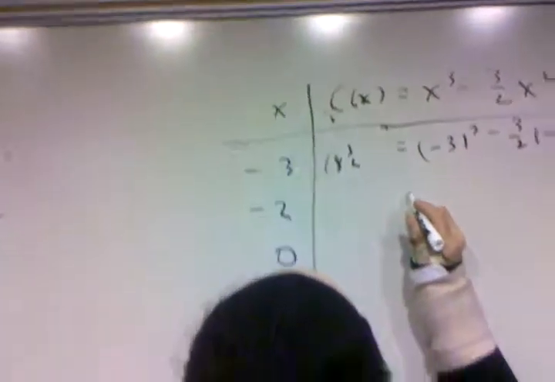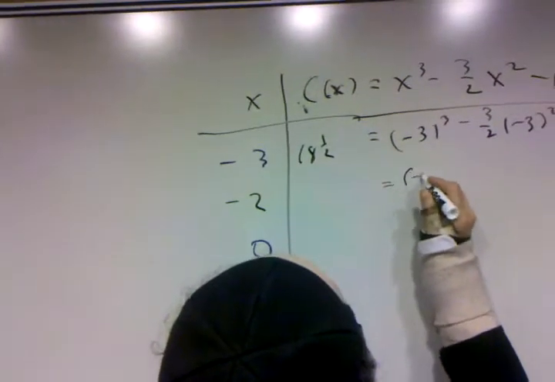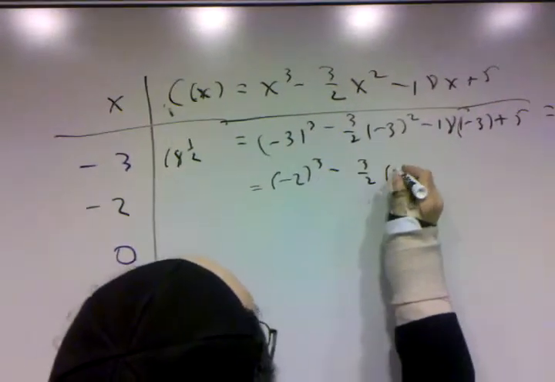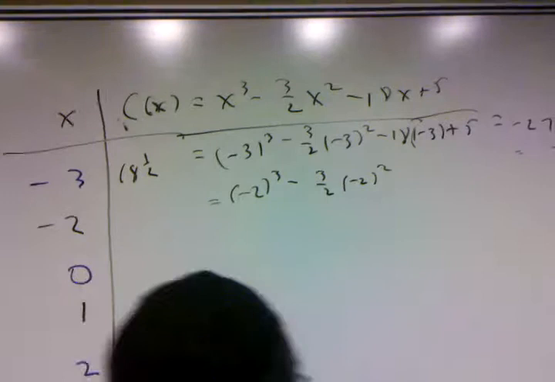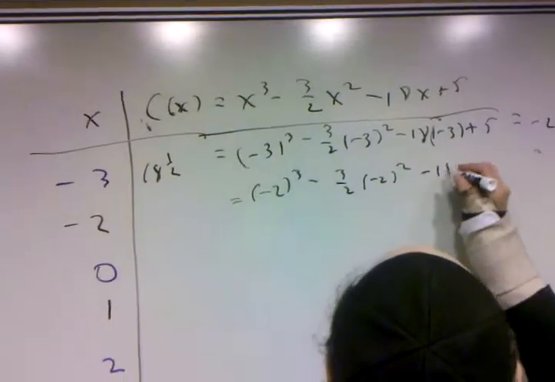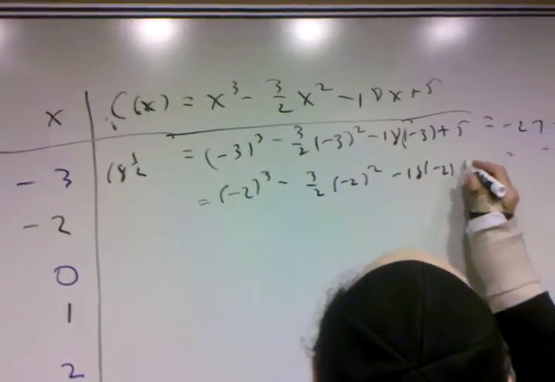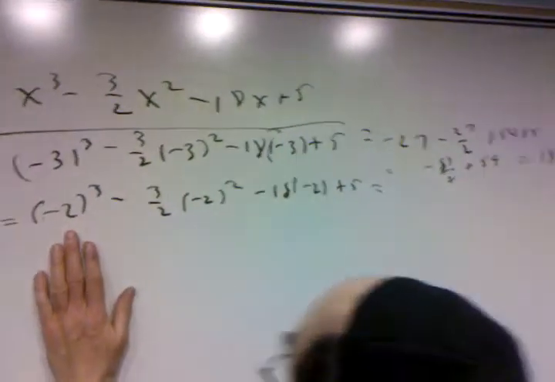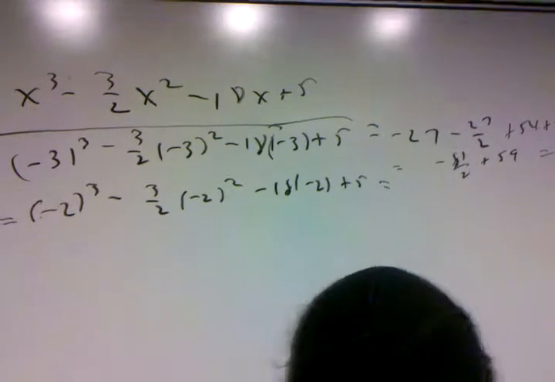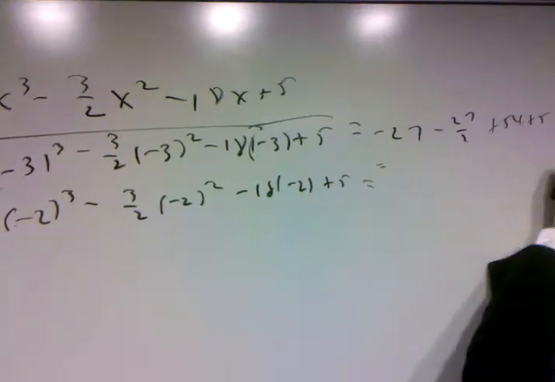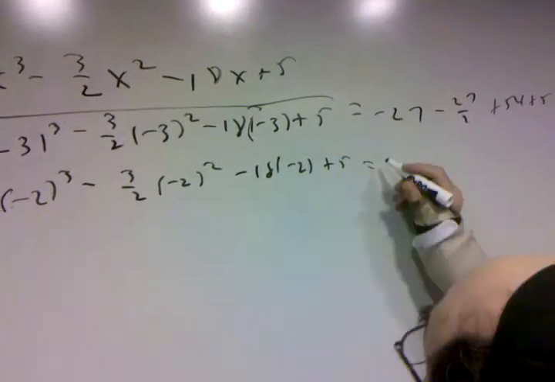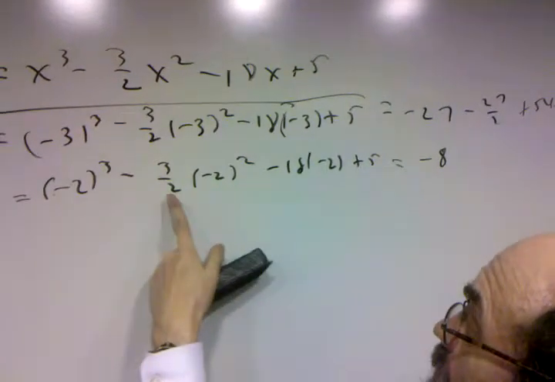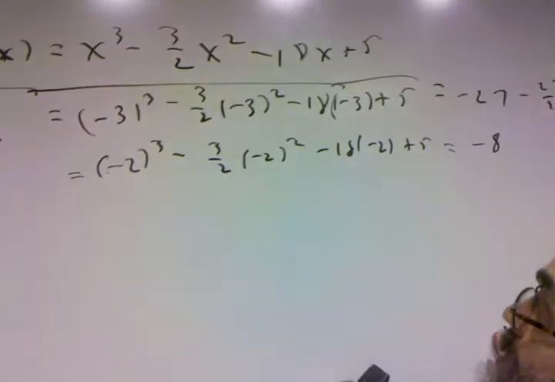Now try putting in negative 2 for x. Negative 2 cubed minus 3 halves times negative 2 squared minus 18 times negative 2 plus 5. This is going to be negative 8. Then 4 times minus 3 halves is minus 6.